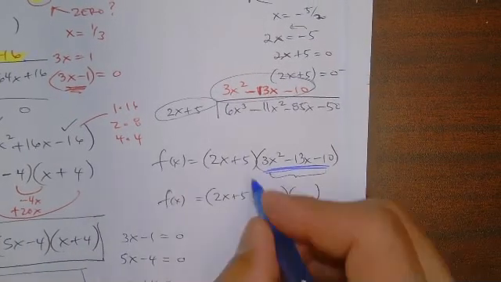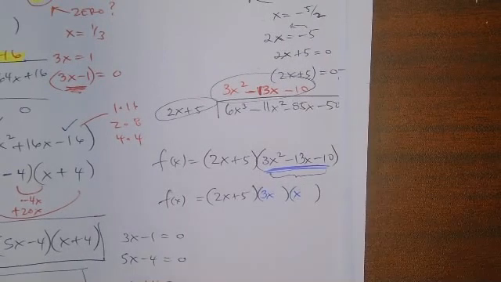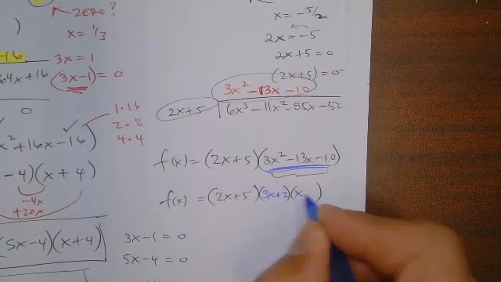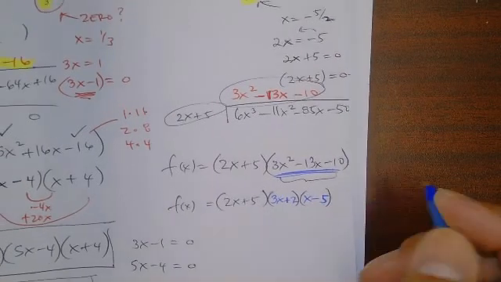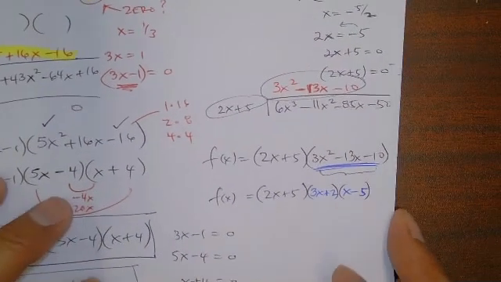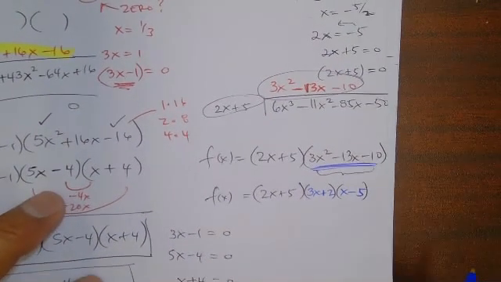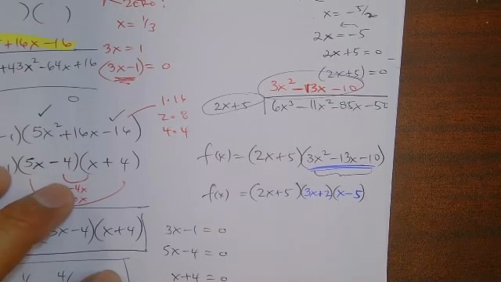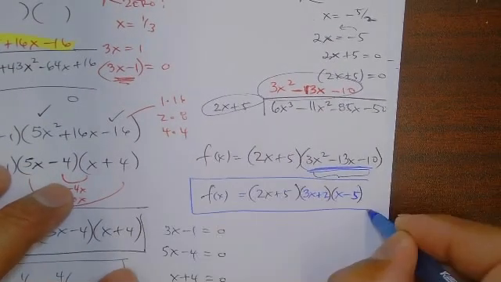So now, how do you factor this? What do you get when you factor 3x squared minus 13x minus 10? For sure it's 3x, x. 3x plus 2 and x minus 5? That is correct.